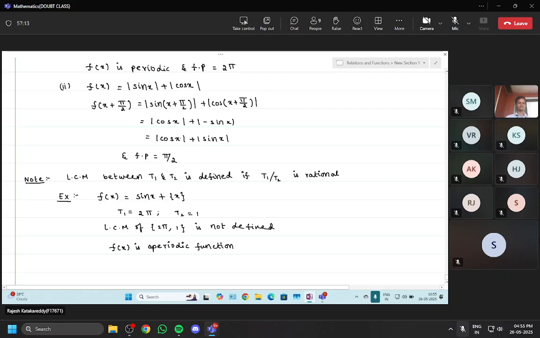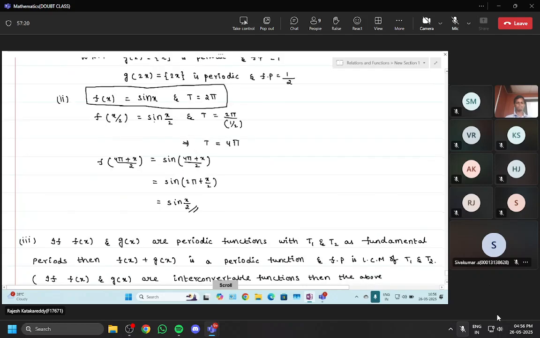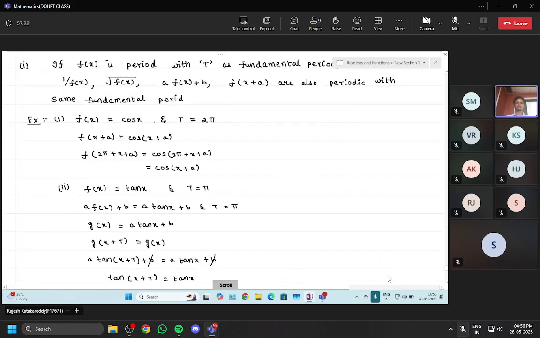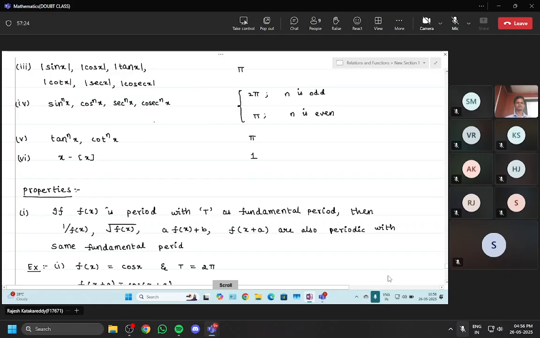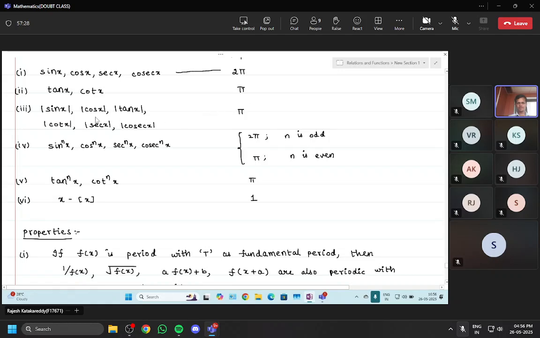That is pi. Did you write like that? You're talking about this table only, no? See, this is 2 pi. This is pi. This entirely is pi.